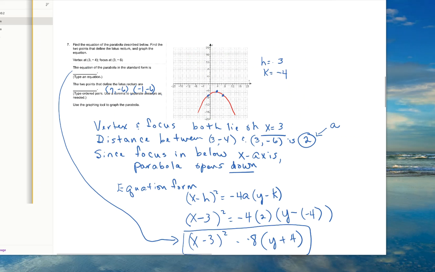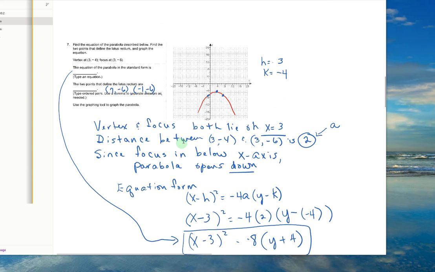Number 7, find the equation. So the vertex is now at (3, -4), and the focus is at (3, -6). So what I pull from that originally, h is 3, k is -4. The vertex and the focus are both going to lie on x equals 3.